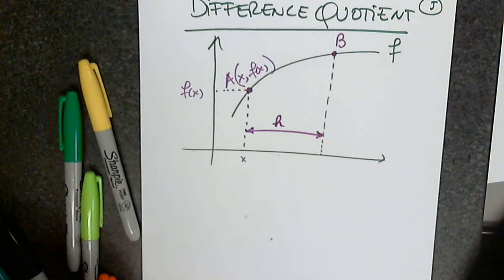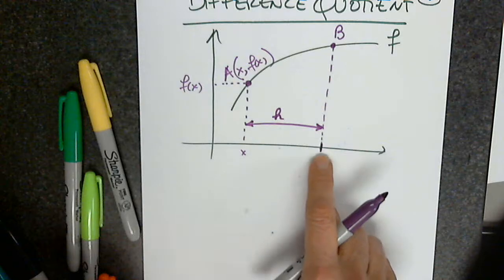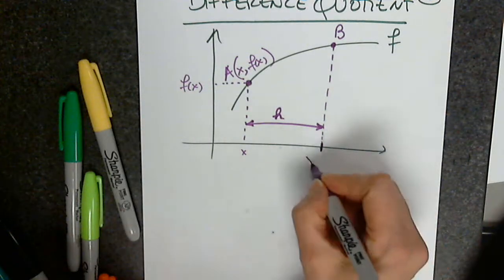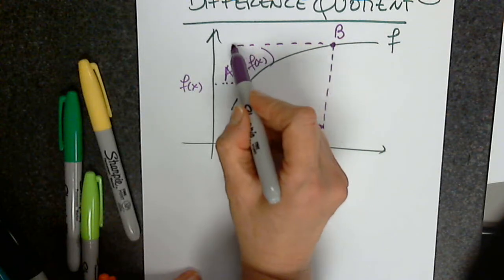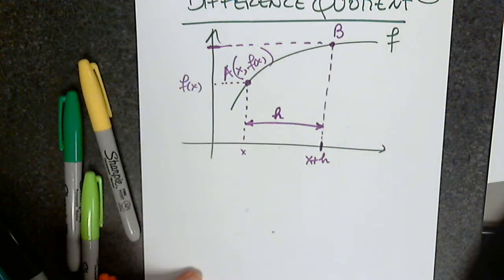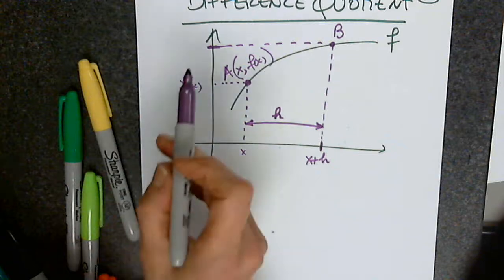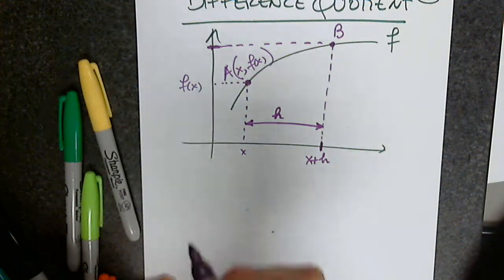I'm adding h to x. So what is this now? Perfect. Awesome. Thank you. And then I want you to tell me what this is. Careful. Let's write it here first, and then we'll write the coordinates of B. f of x plus h. Thank you very much.